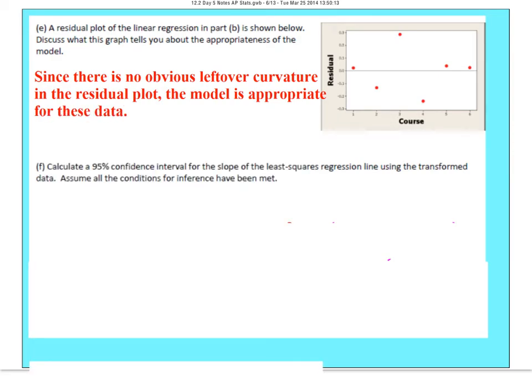Perfect. Last thing here, let's calculate a 95% confidence interval for the slope of the least squares regression line using that transformed data, folks. So when you put this in your calculator, you want to use x and the natural log of y for your list 1 and list 2. Assume all the conditions are met.